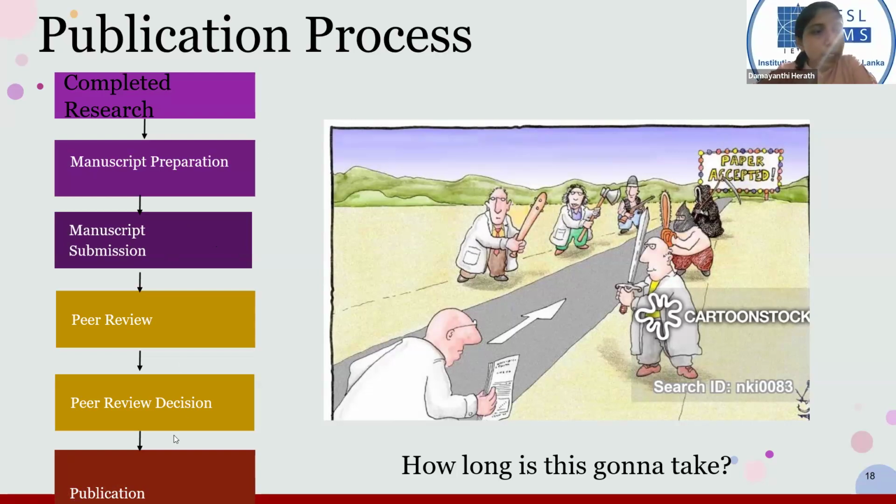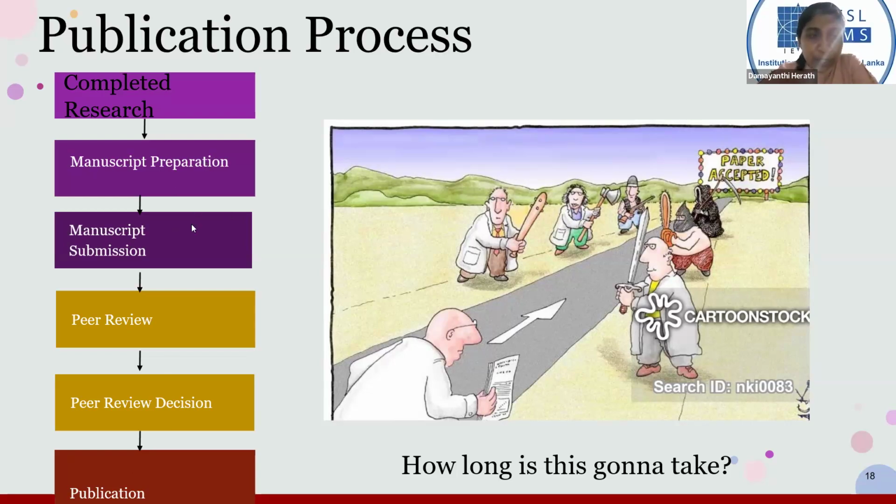So the difference is that up until it is published, we call our draft paper the manuscript. So until it is published, we call it the manuscript. But once it is published, we can call it a publication or a paper.